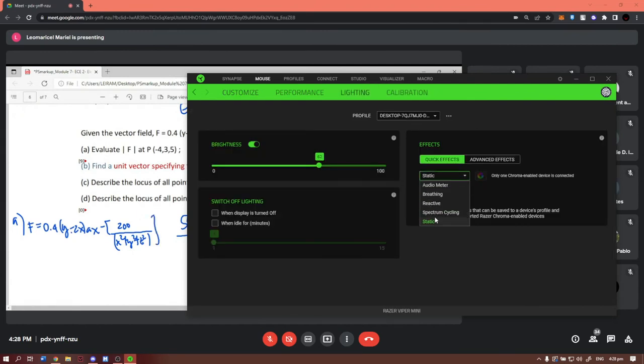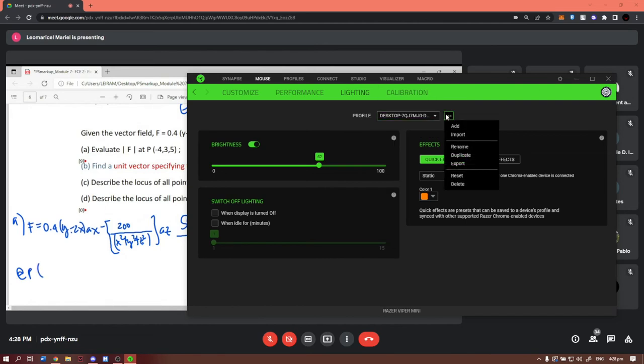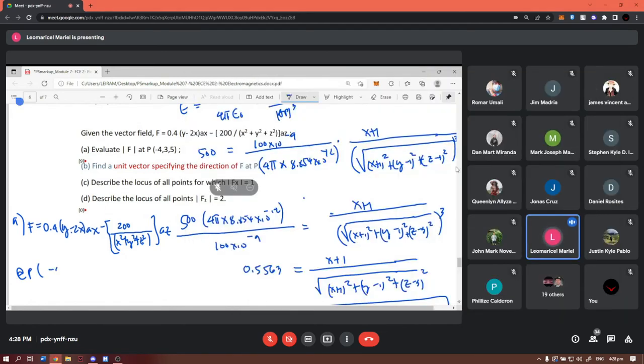Okay. Letter A at point P, which is located at negative 4, 3, and 5. Ibig sabihin, ito yung x, ito yung y, and ito yung z mo na nagdidepend sa vector field.